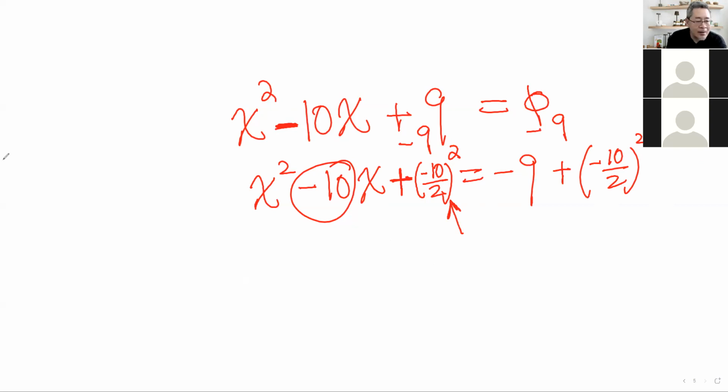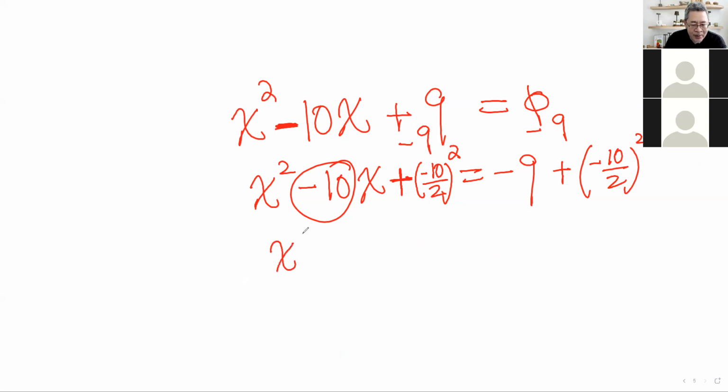I'm just showing that this number is half of 10, divided by 2. Oh, okay. I can put 5, but I just want to show where it comes from. Good. Okay, that makes sense.